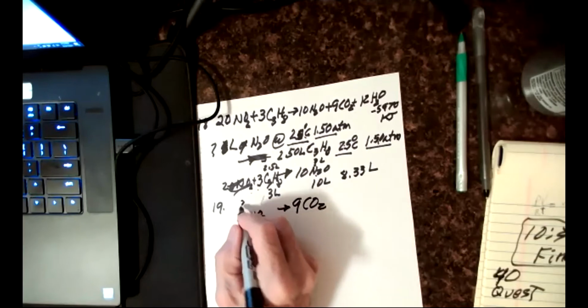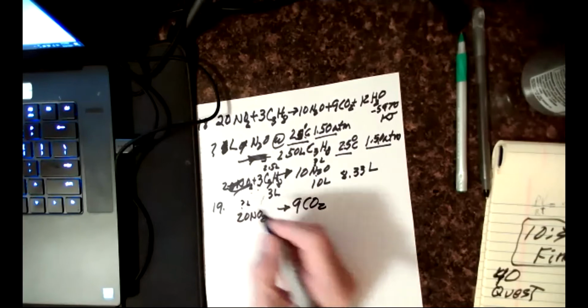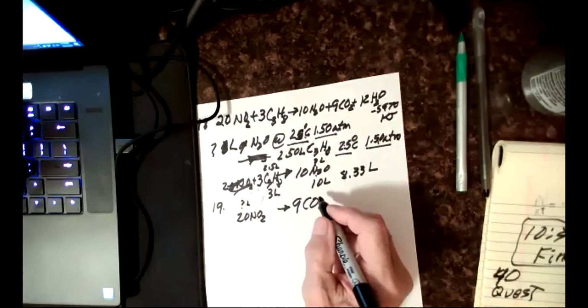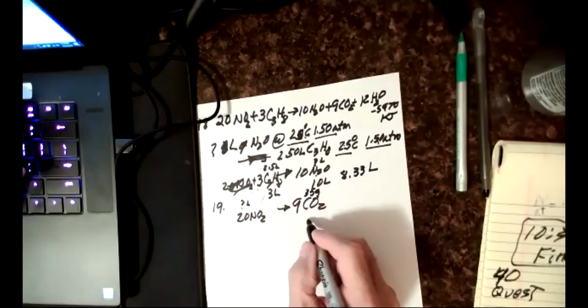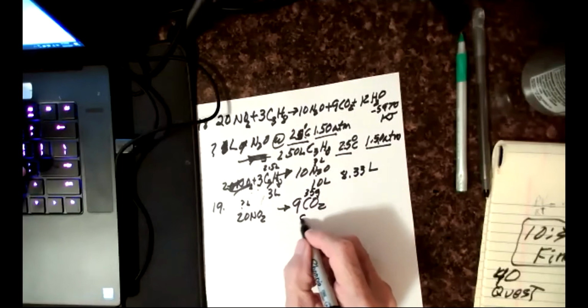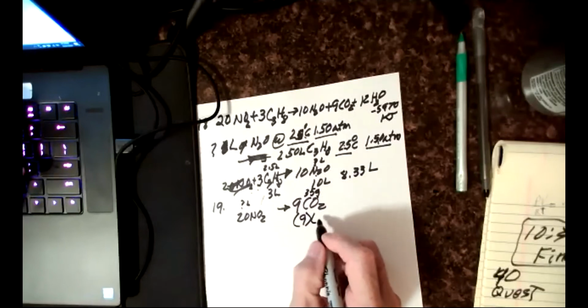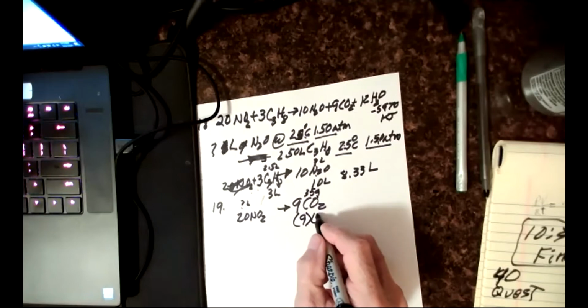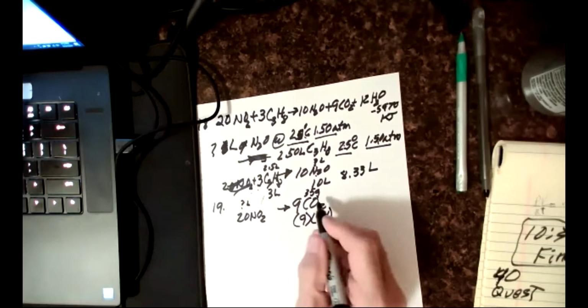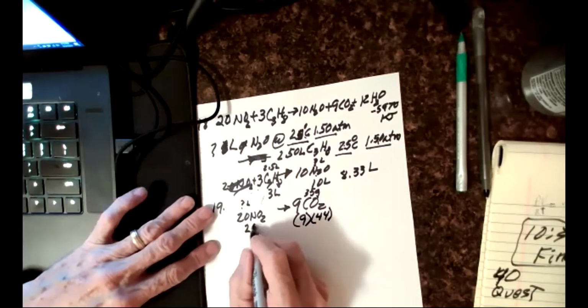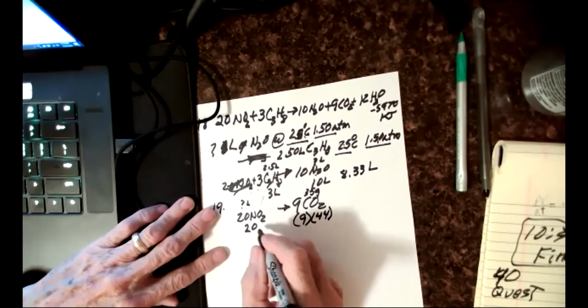And I want to know how many liters at some T and P. Over here, I've got 35 grams. And the weight shown in the problem is 9 moles. The molar mass for CO2 is 44. So there's the rebalancing factor. The equation is showing 20 moles.